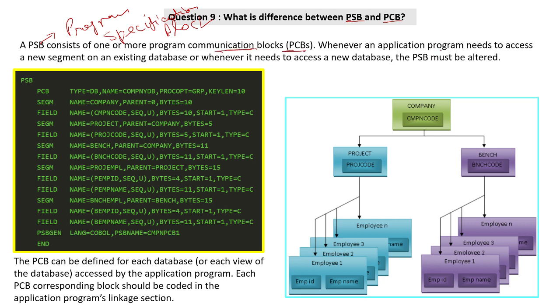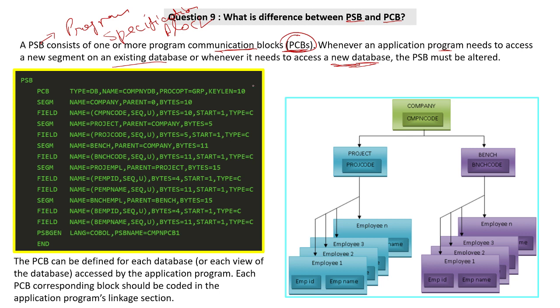Whenever an application program needs to access a new segment on an existing database, or a new database, we require the PCB. Whatever type of database, new or old, we can access it using the PCB.